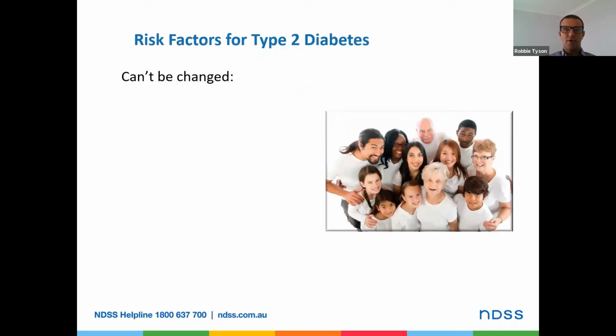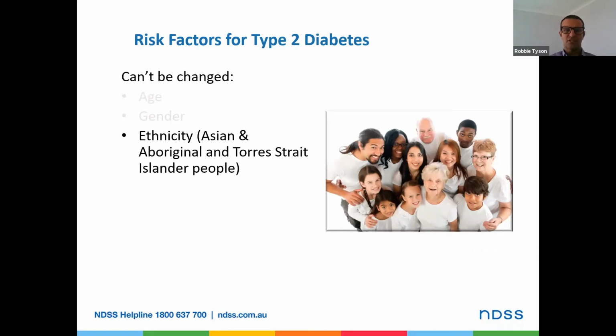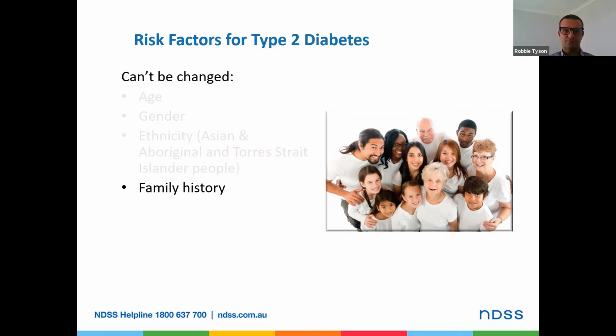Getting back to type 2 diabetes, we're looking at some of the risk factors here that can't be changed. So non-modifiable risk factors such as age. As we get older, our risk for a type 2 diabetes diagnosis increases. And gender, males are more likely to be diagnosed with diabetes than females. Ethnicity, so different ethnic backgrounds are more likely to be predisposed to type 2 diabetes. So those from an Asian or Aboriginal and Torres Strait Islander background, for example.